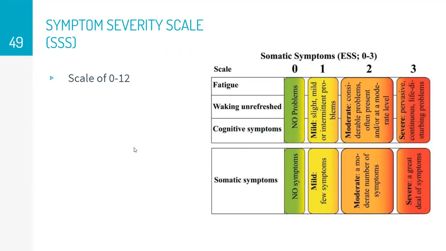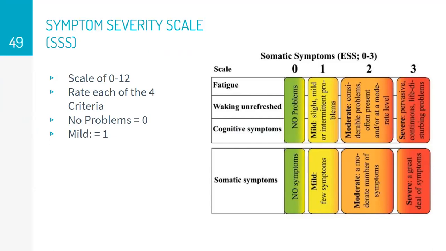A 0 means no problems, a 1 is mild, meaning slight or intermittent problems, a 2 is moderate, and a 3 is severe. They use this to get an idea of how bad all the symptoms are put together, and that gives you a value out of 12.